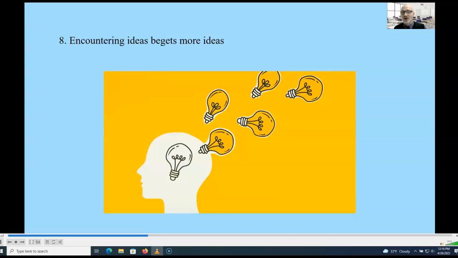It connects to cat things. I see cat adjectives, cat words, pets, furry, cat food, my own cats. Encountering ideas begets more ideas. The goal of many of these activities is to get a lot of ideas out, to see the ideas on the page so you can begin connecting to other ideas.